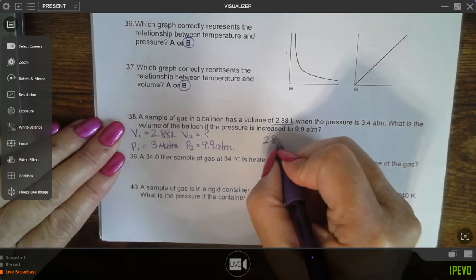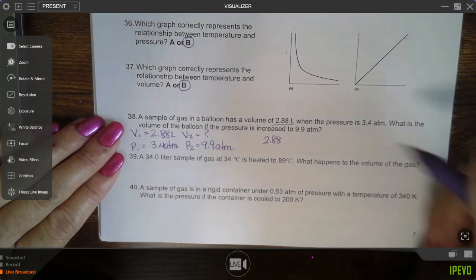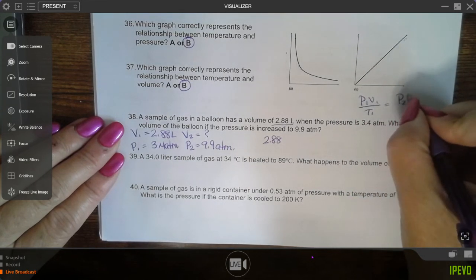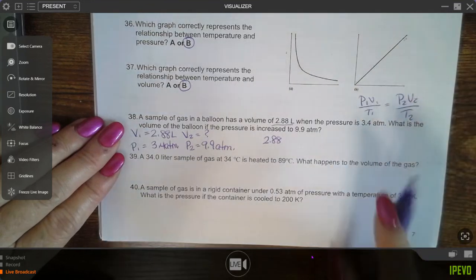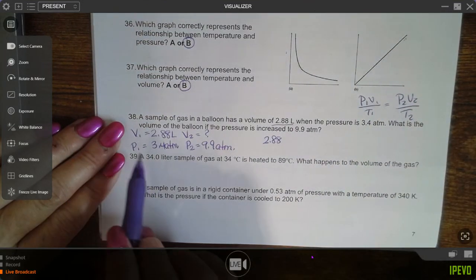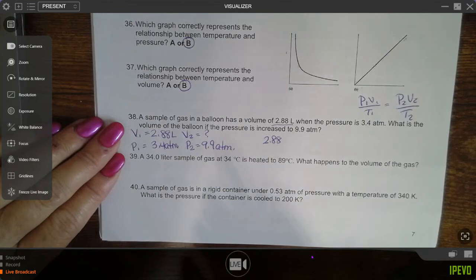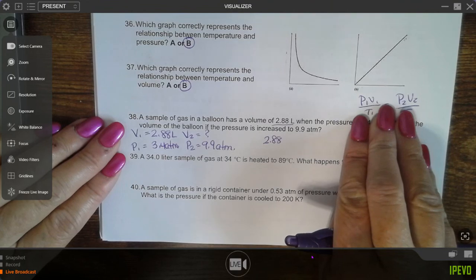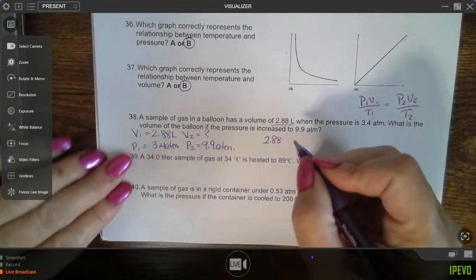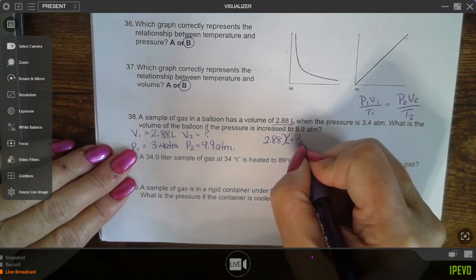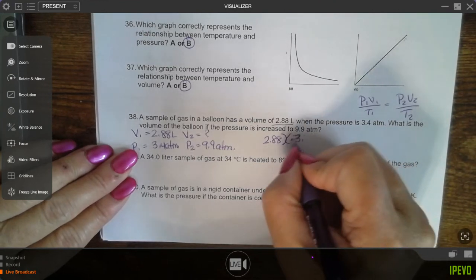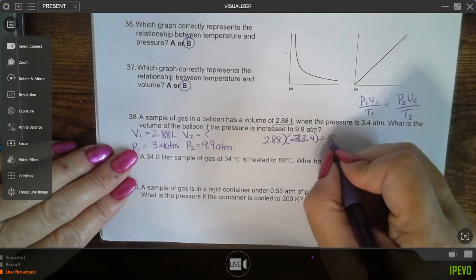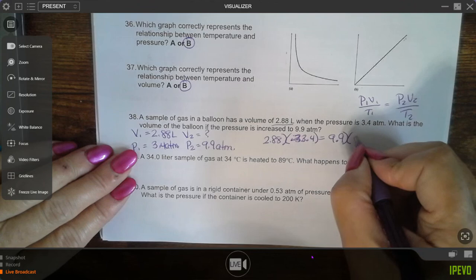So let's see if that is what we actually see. Remember the combined gas law, P1 V1 over T1 is equal to P2 V2 over T2. You can use the parts of this you want. So, for example, for volume pressure, we just don't include the temperature. We just use P1 V1 equals P2 V2. So 2.88 times 3.4 is equal to 9.9 times V2.